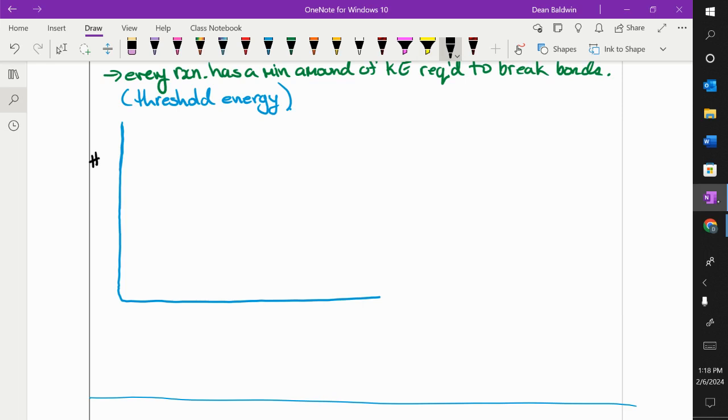This is number of particles. This is kinetic energy increasing, going that way. And this is the threshold energy.